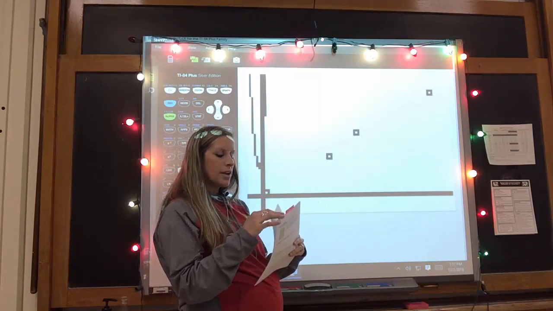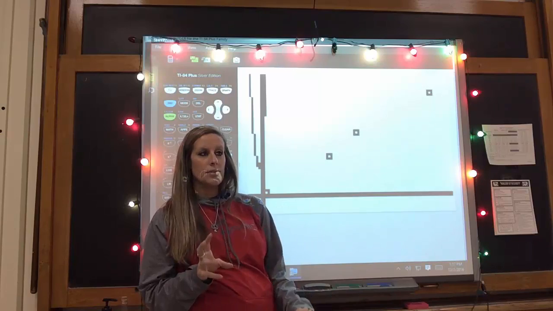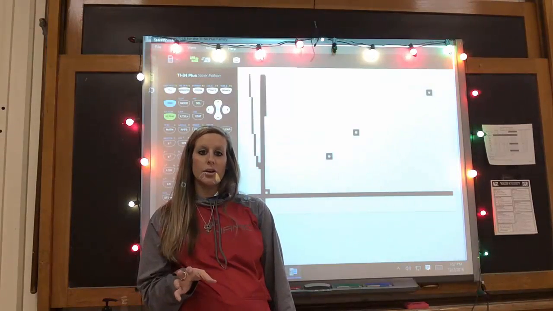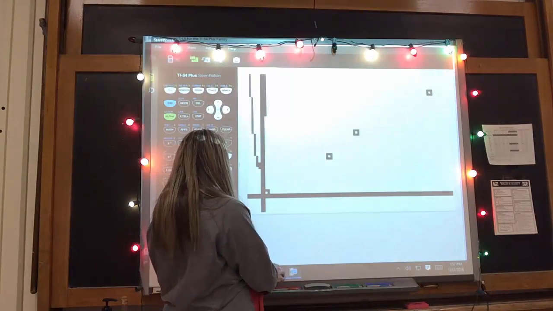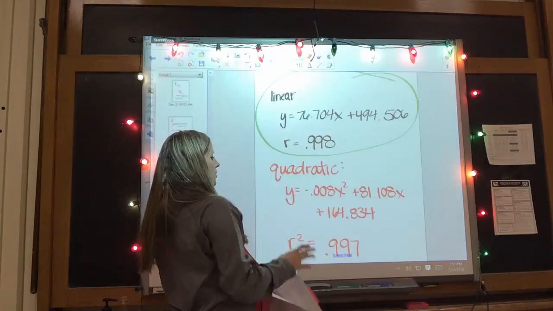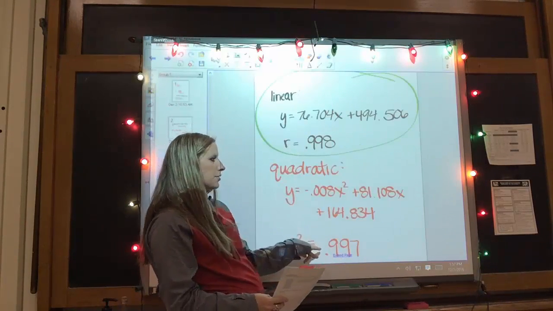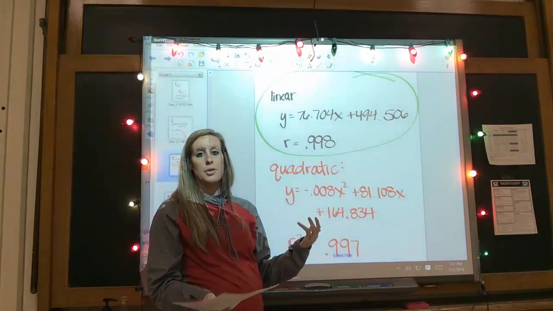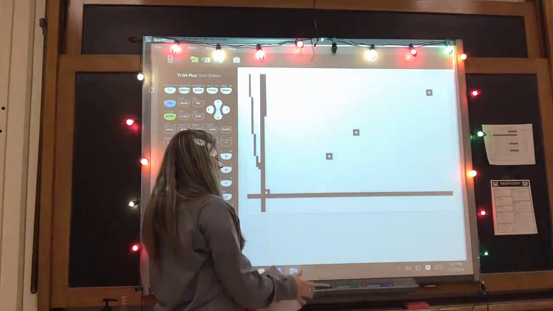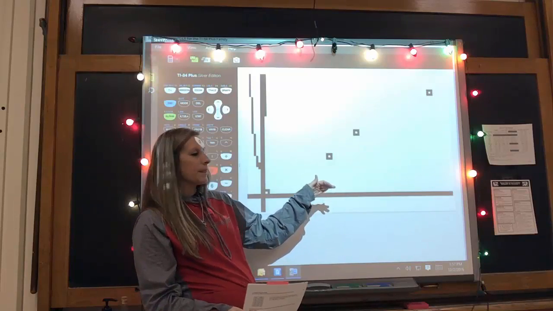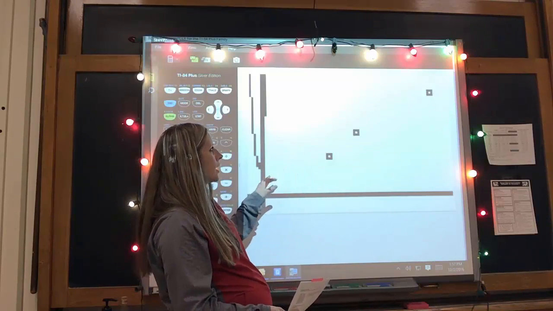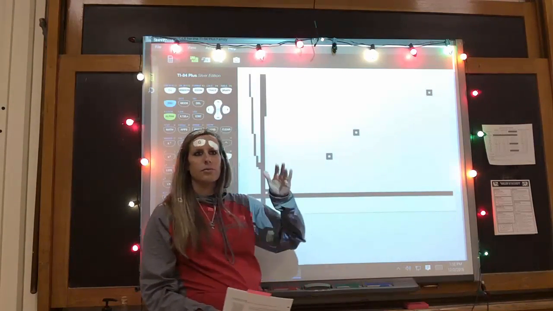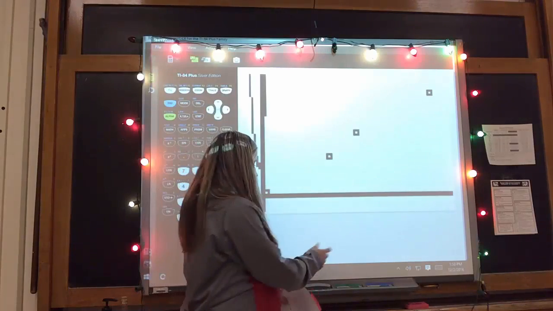So that's another way you can tell if you're not quite sure on the correlation coefficient, your R. Like if you get a couple of correlation coefficients that are just too close to tell, like what if they're the same number, okay? You can go to your stat plot, go to Zoom, press 9, and you can see kind of what shape you're looking at.